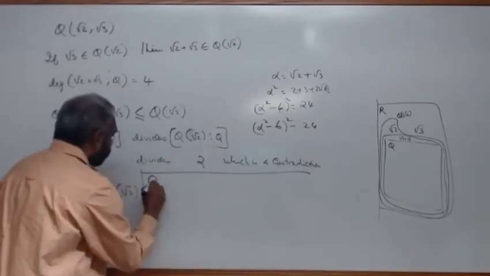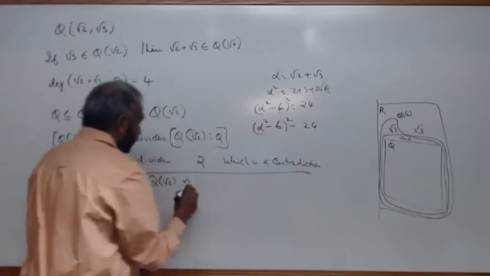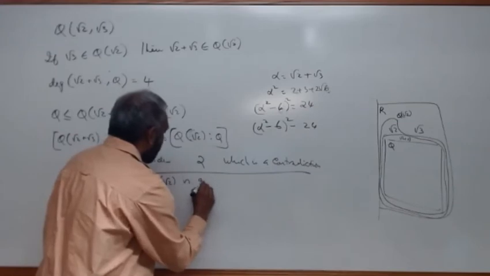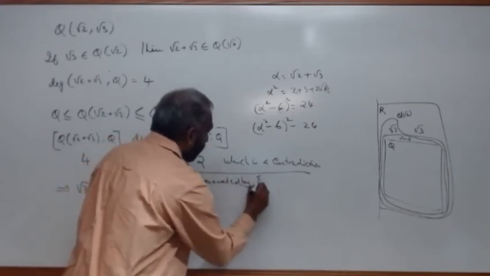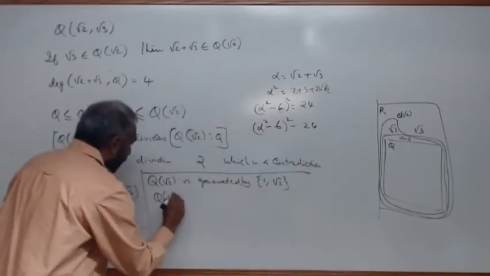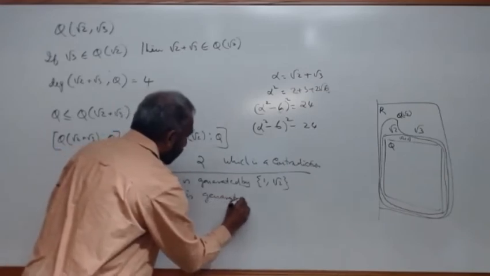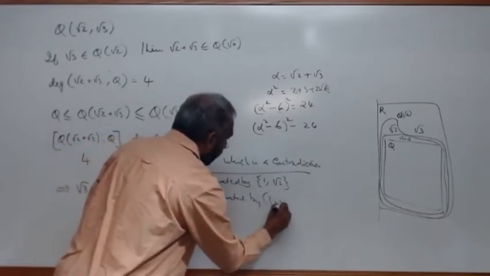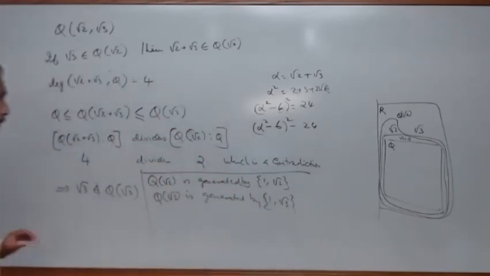Q(root 2) is generated by the basis elements 1 and root 2. Q(root 3) is generated by 1 and root 3. Okay?